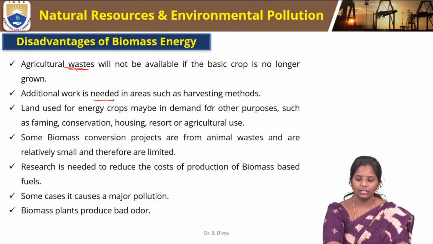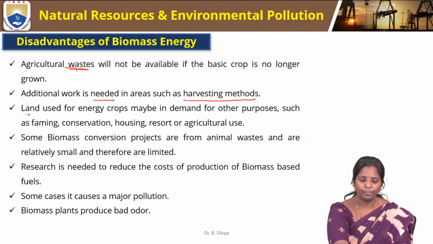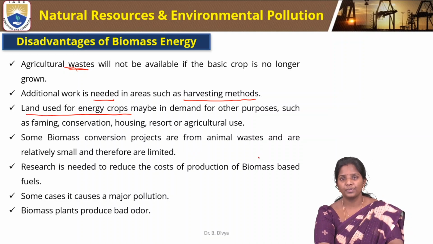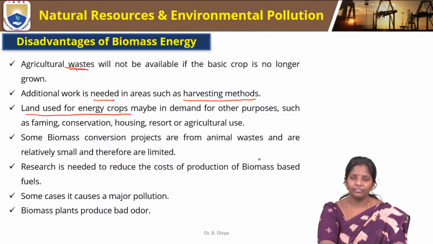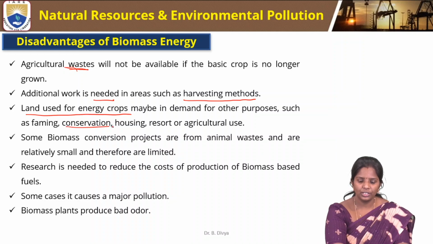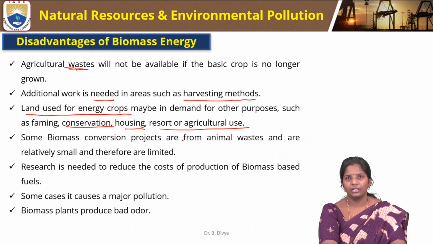Additional work is needed in areas such as harvesting methods, and land used for energy crops may be in demand for other purposes such as farming. So there should be crops cultivated only for energy generation. Otherwise, the land can be demanded for other purposes like farming, conservation, housing, resorts, or agricultural use.